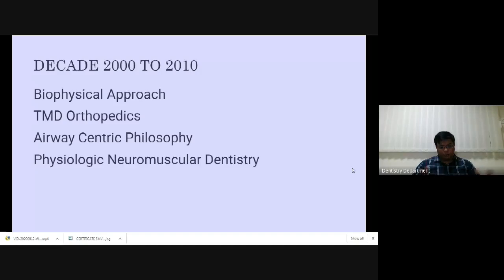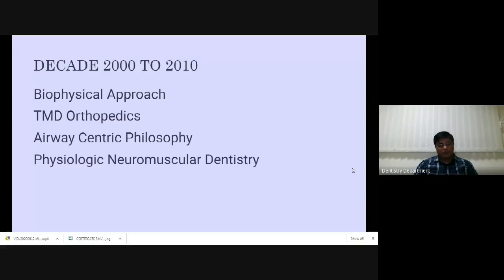If there is a change in posture, it will result in TMD, so posture should be corrected through different kinds of appliances. But it is not accepted by many people, because most of the time the right side of the face is not equal to the left side. Some people have different postures, but not all of them get TMD. We would be unnecessarily harming the patient by correcting so-called wrong postures, so this philosophy is still debated.